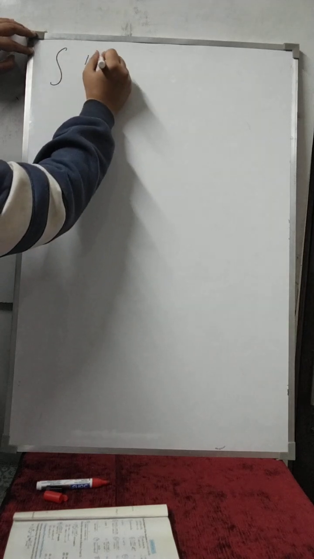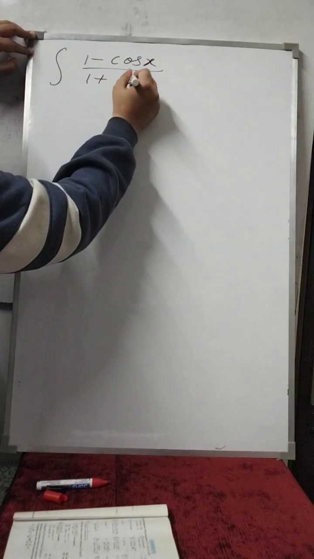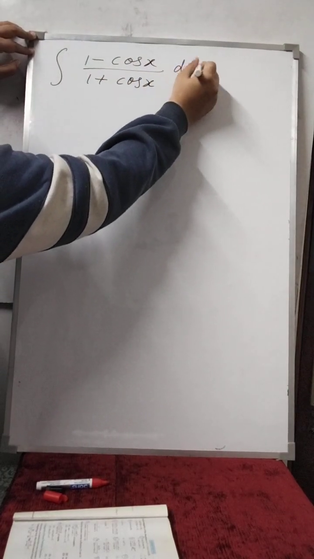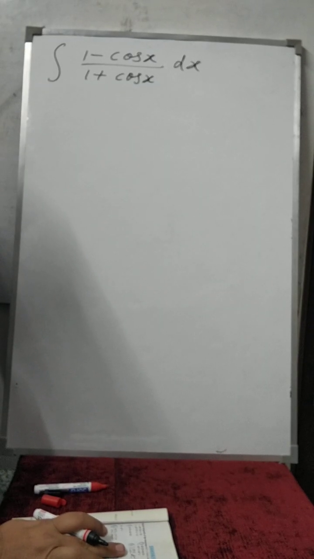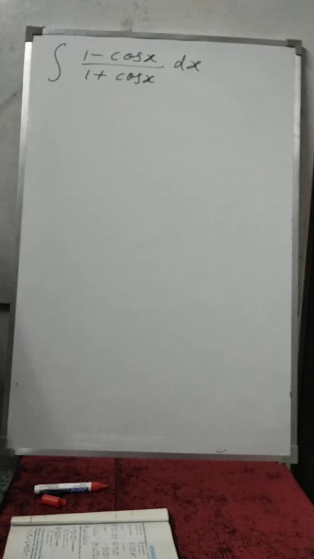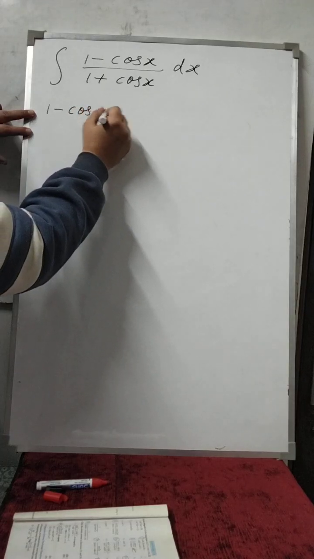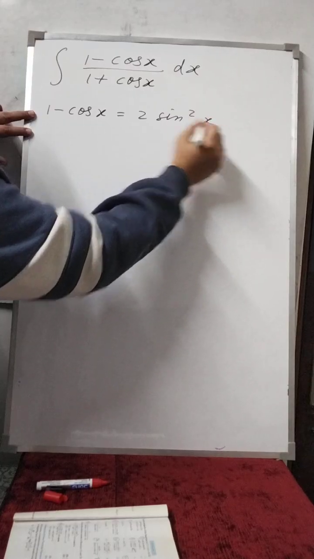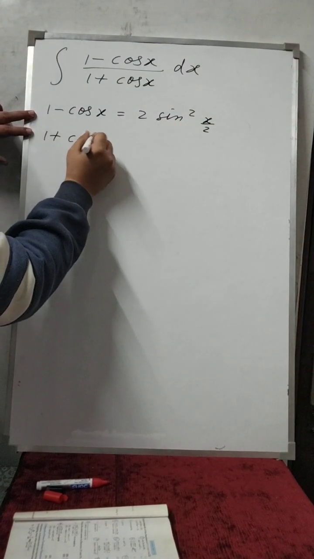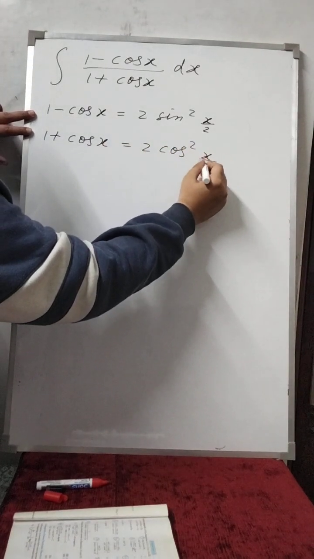integration of 1 minus cos x divided by 1 plus cos x dx. Okay, this is my question. It is also an NCERT question. We have to find the value of this integral. So we know that 1 minus cos x is 2 sin square x by 2. 1 plus cos x is 2 cos square x by 2.